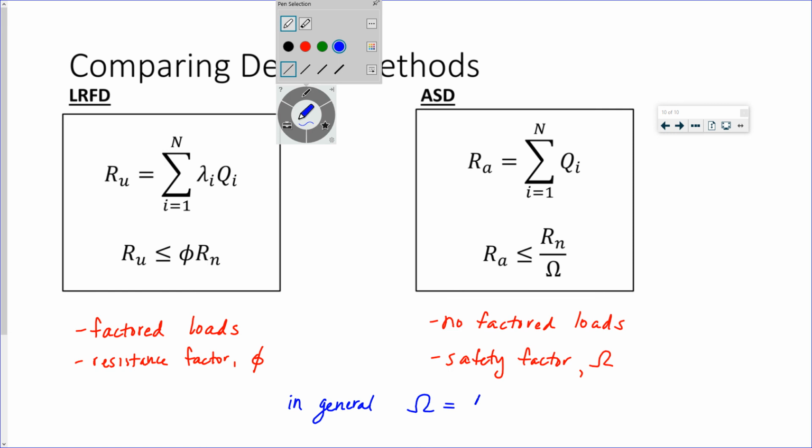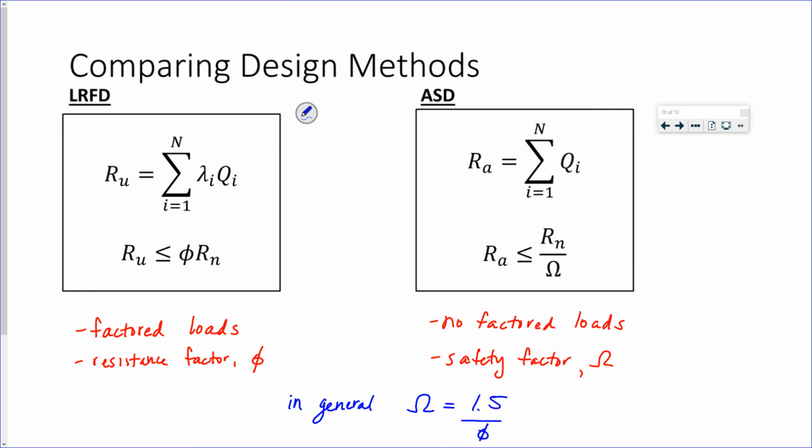They're related by 1.5 over your phi. But you can see I have factors on my loads and factors on my resistance in LRFD, so it's a little more engineered.